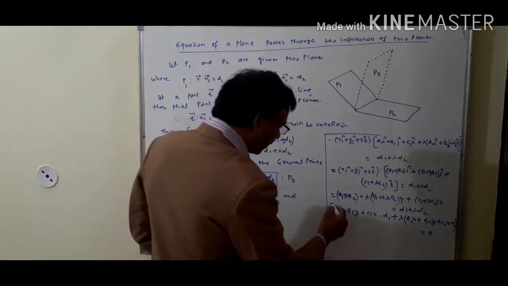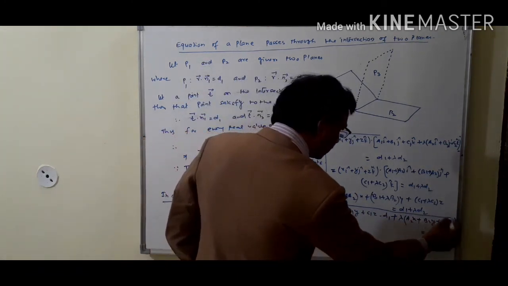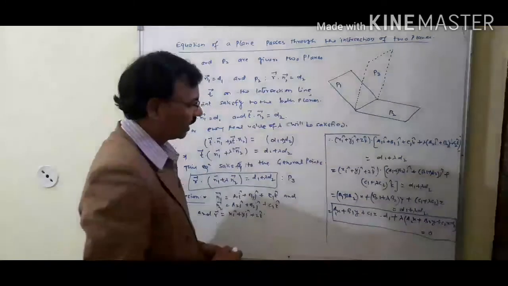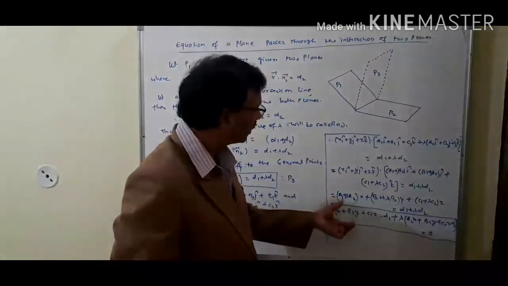This is the equation of a plane passing through the intersection of two planes in Cartesian form.